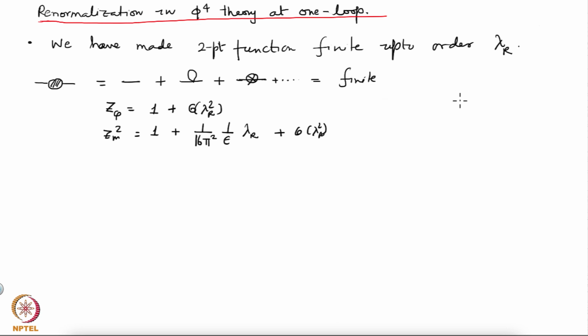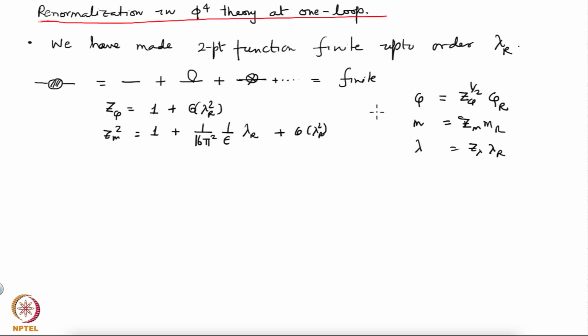Also, I remind you what z phi is. You had the field phi in the original Lagrangian that we wrote as z phi to the half times phi renormalized, and m we wrote as z m times m renormalized, and lambda as z lambda times lambda renormalized. As I told you earlier, these are called renormalized field and renormalized parameters, and these are called bare parameters and bare fields.